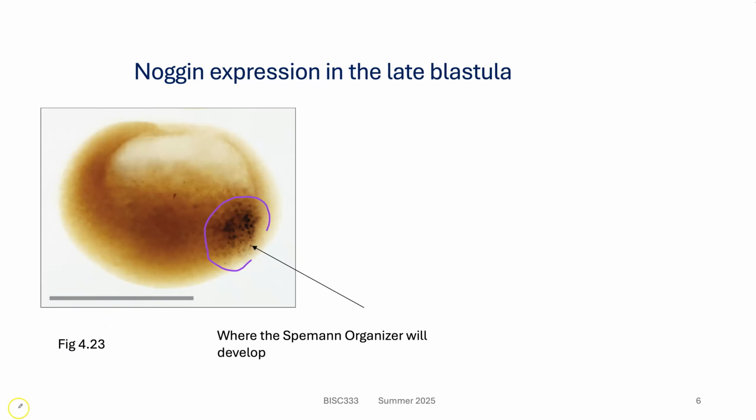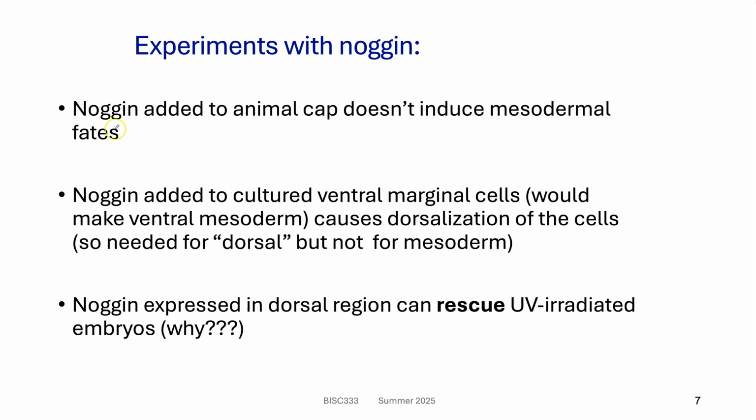So noggin is one of the proteins, as I said, that basically clears the signaling for other kinds of cells, various mesoderm and other fates, and it makes these cells competent, able to be organizer cells in concert with some of those other proteins. Okay, and so here's a few experiments with noggin that tell us a little bit about what it basically does.